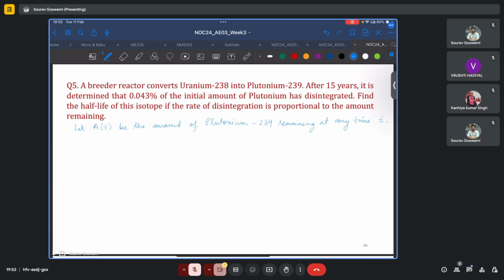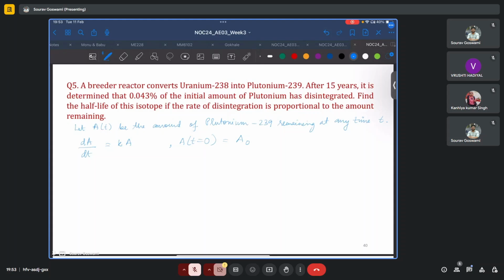So dA/dt is equal to some k times A, where k is the constant of proportionality, and at time t equal to 0, we had some initial amount of plutonium. Let us assume that is A0.